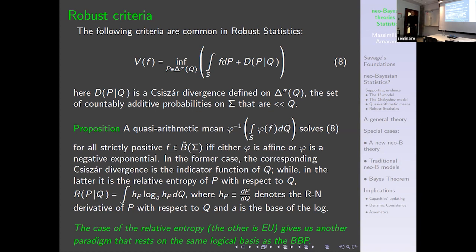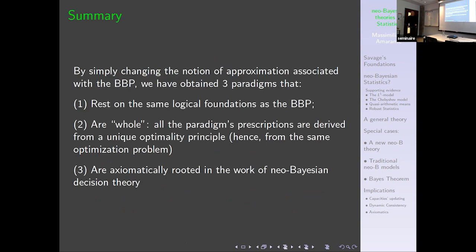So in sum, we have changed the notion of approximation associated with the basic Bayesian paradigm. In this way, we have obtained three paradigms that have the same logical foundations. Bayesian paradigm, a whole, in the sense that all the paradigms of description are derived from a unique optimality principle, and hence from a unique class of optimization problems.